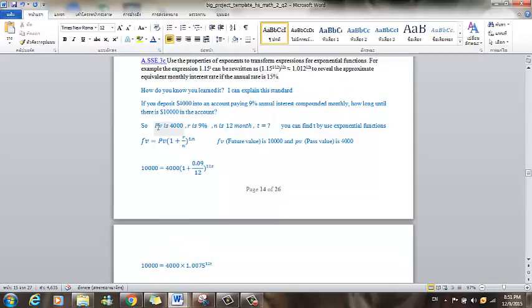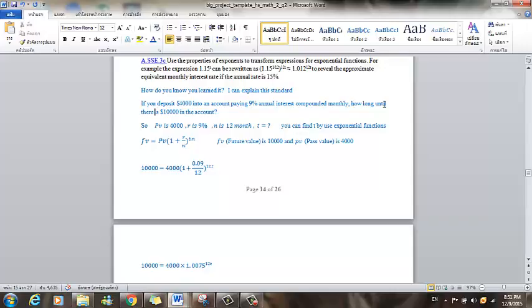So PV, the present value, is 4,000, and FV, the future value, is 10,000. R is the rate, so it's 9%, and N is 12 months. Now we want to find T because they're asking how long until there is 10,000.